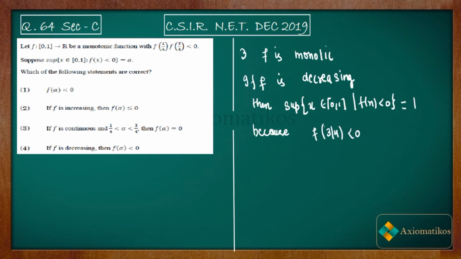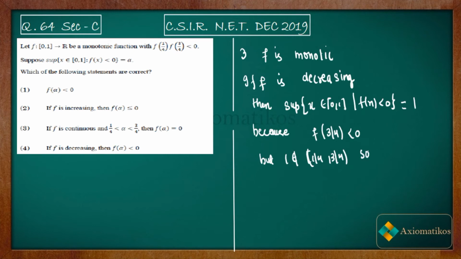Exactly one of them is negative, and the function is decreasing, so f of 3 by 4 should be less than 0. So the supremum will be 1, but 1 is not lying between 1 by 4 and 3 by 4.